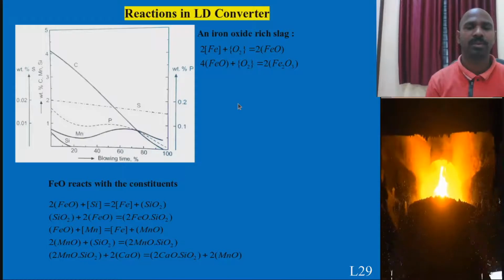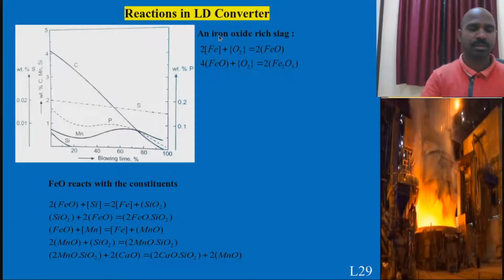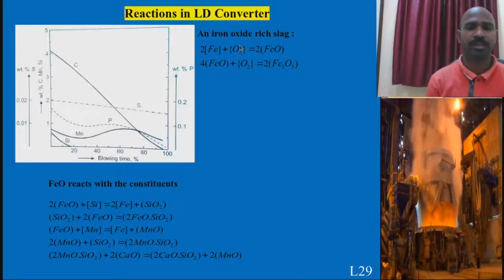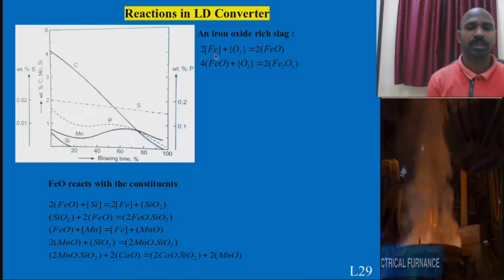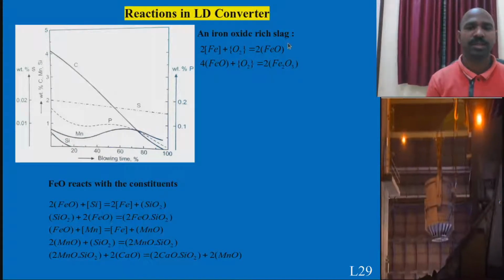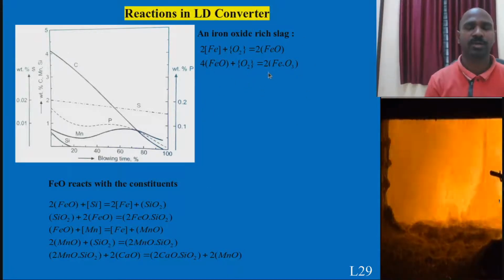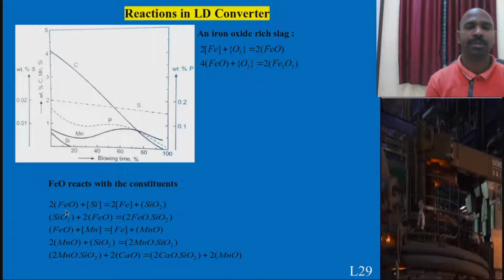The reactions broadly in the LD converter start with iron-rich oxide. The incoming oxygen reacts with the molten pig iron to form FeO. Further it reacts, and reoxidation happens, which can be controlled or compensated by these reactions.